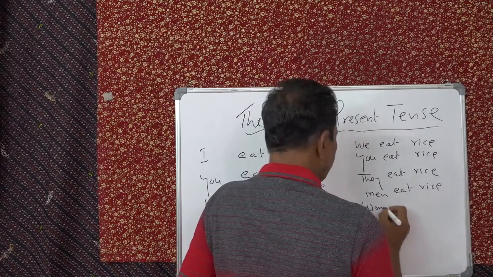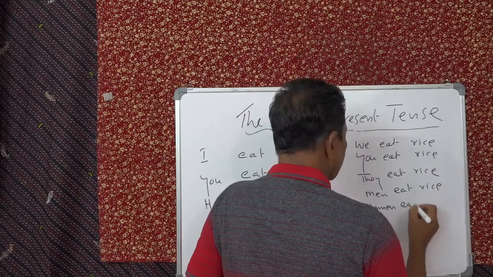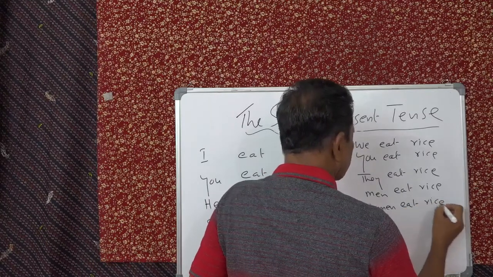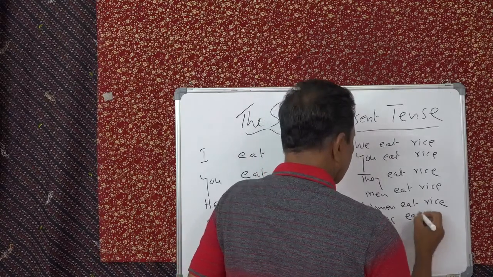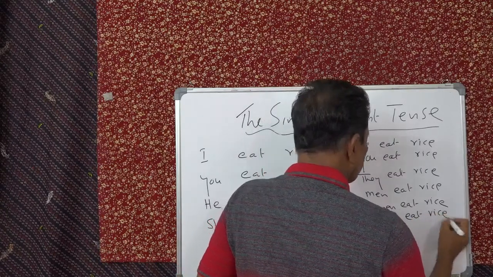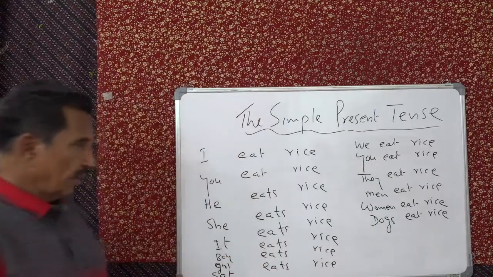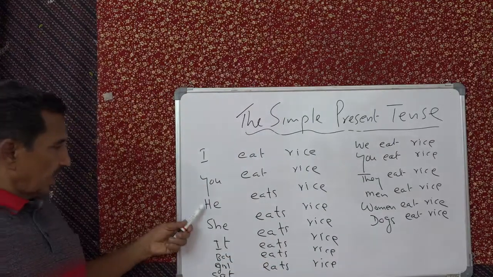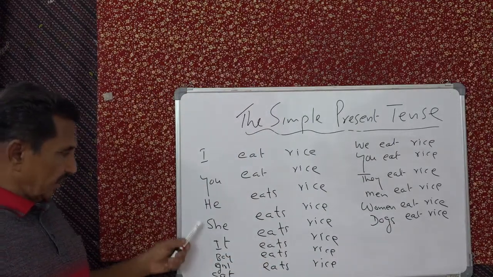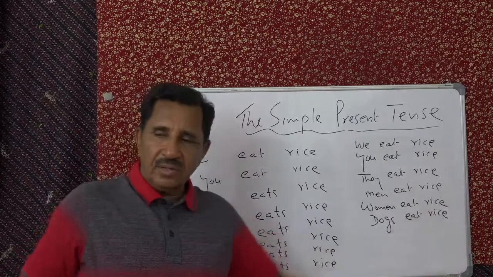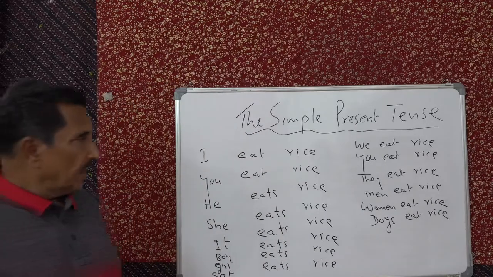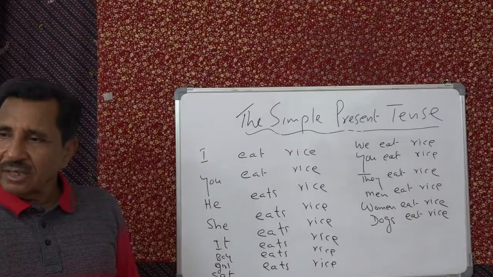Women eat rice. Dogs eat rice. So look at this. So he, boy; she, girl; it, cat. Here, any problem? Understand? Now what do I say to make it negative?